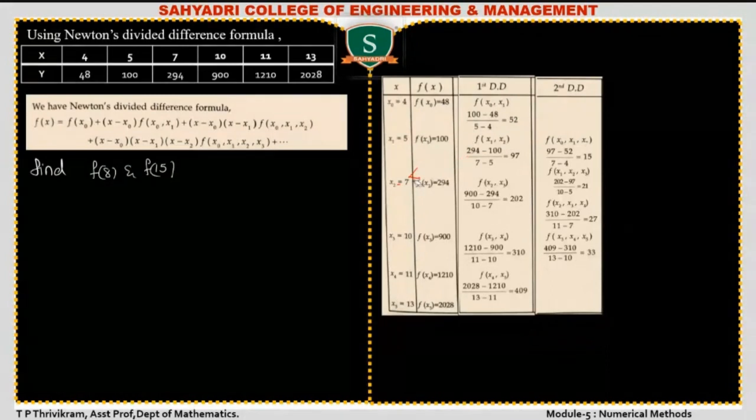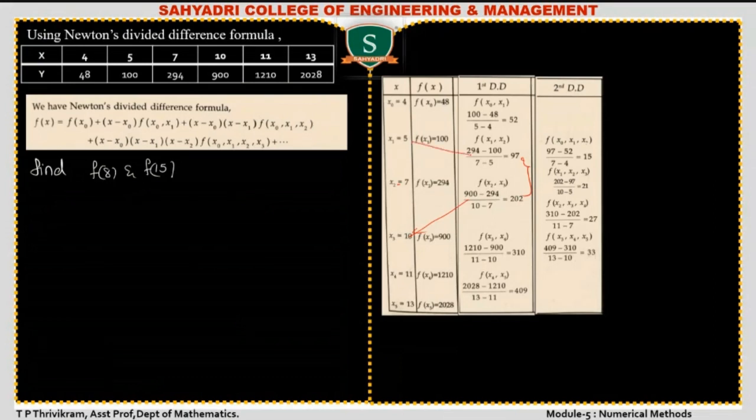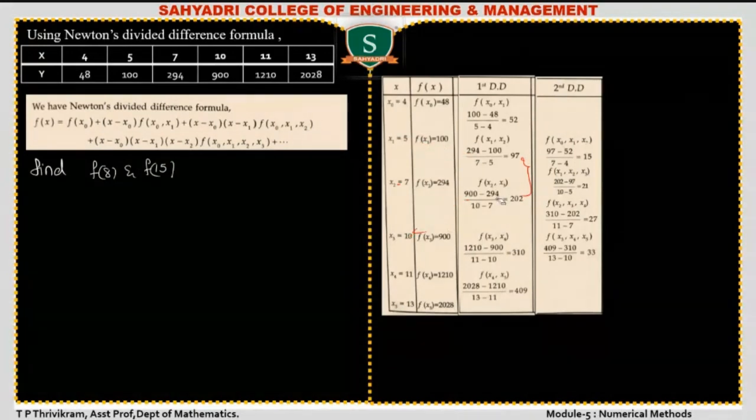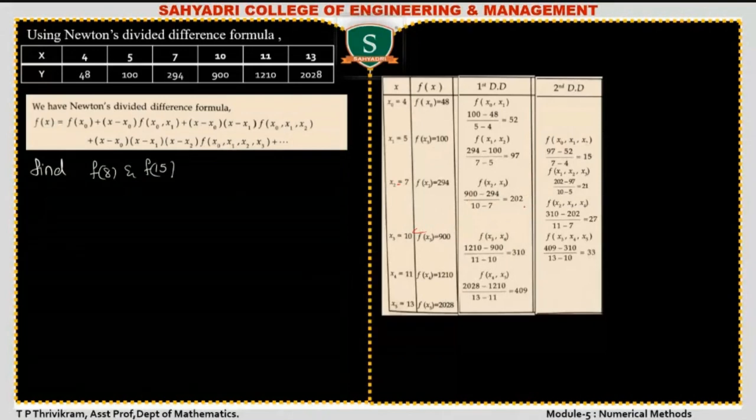Similarly, take the difference between these two. Okay, what are the diagonal numbers for this? Maximum, this is there and this is there. So 10 minus 5. Clear? Next, difference between these two, 310 and 202. So what is the x value here? Next, what is the x value here?